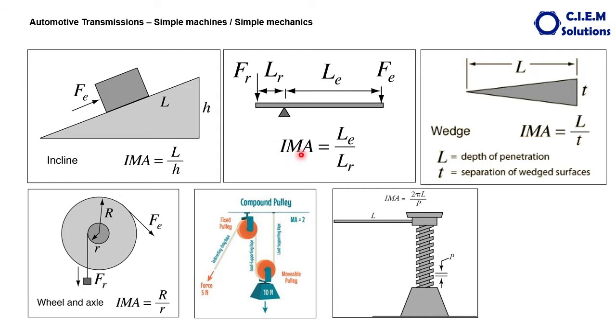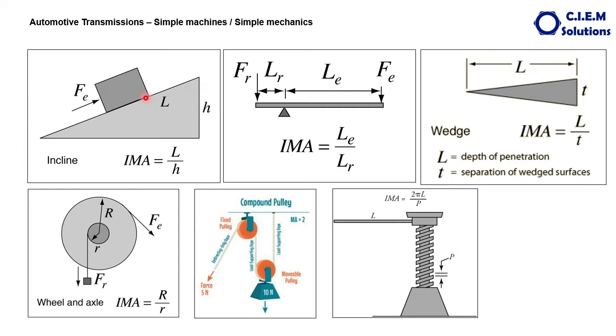IMA is nothing but ideal mechanical advantage. For example, what is the mechanical advantage here? It is the length of this plane where the load is being pushed divided by the height.